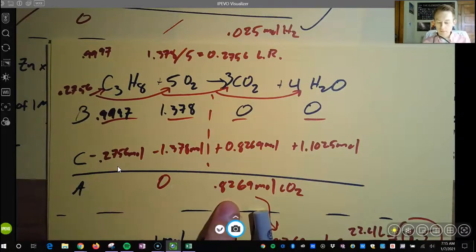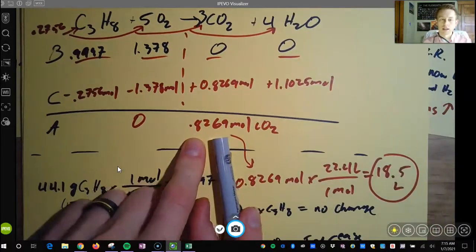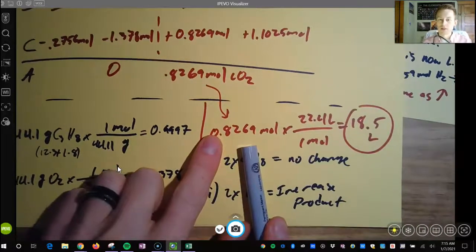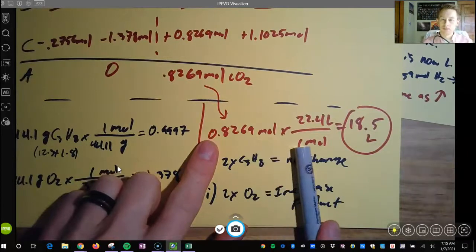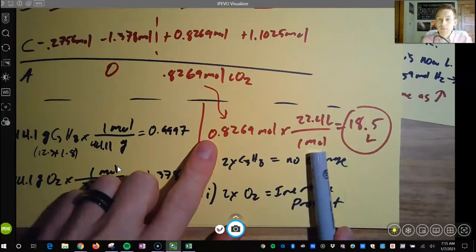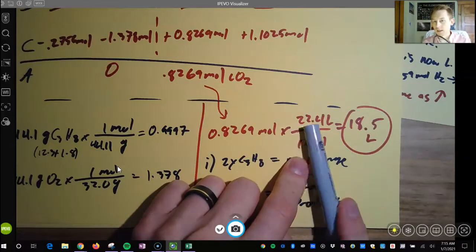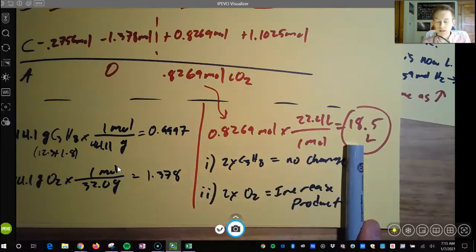And so I end up getting that I make this many moles of carbon dioxide, 0.8269 moles. So then I took that down here. I left more space for myself this time. And it was at STP, so I was able to use the molar volume of a gas here. So just multiply by that, and I got my volume there.